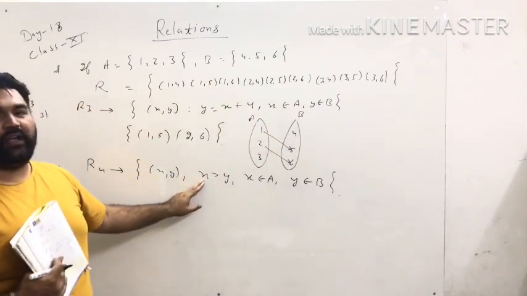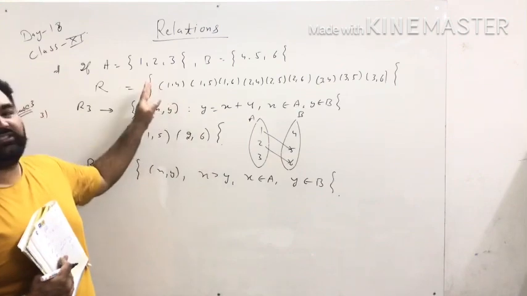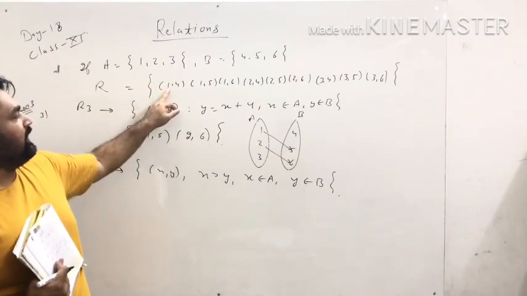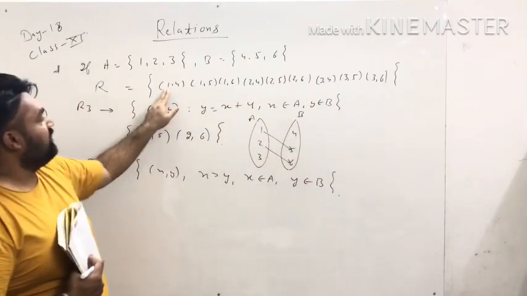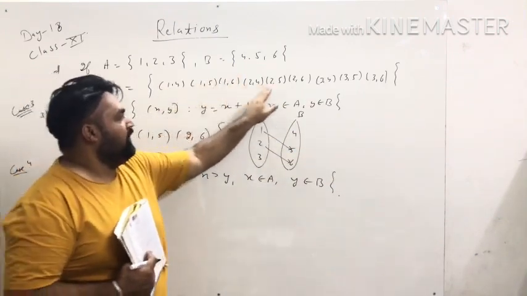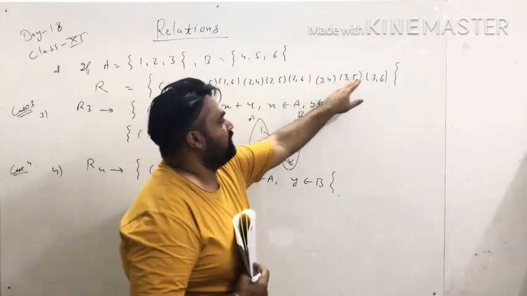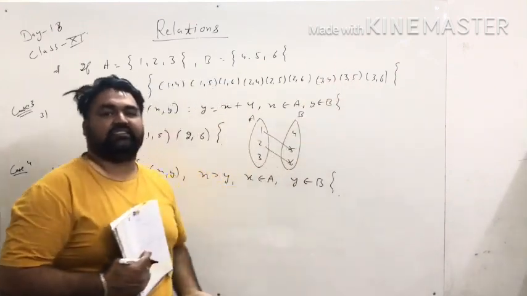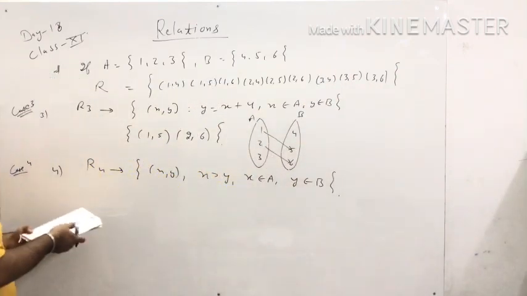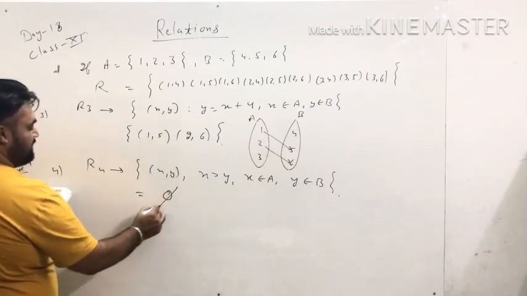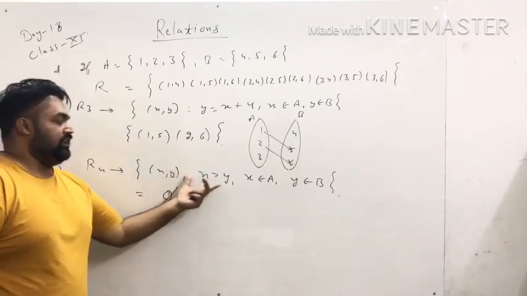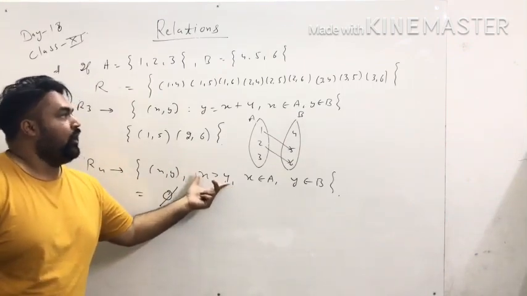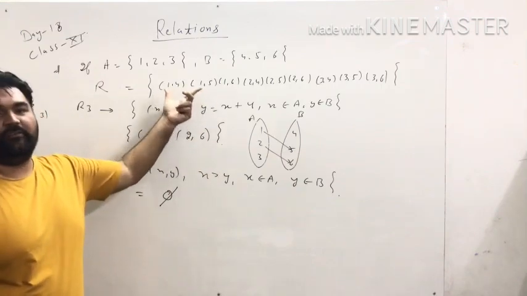So this is not possible because in all the cases the value of x is less than y: 1 is less than 4, 1 is less than 5, 2 is less than 5, 3 is less than 4, 3 is less than 6. So in all the cases x is less than y, so the answer is empty, because the condition does not fulfill according to the given ordered pairs.